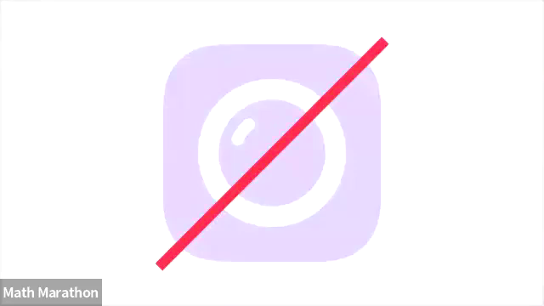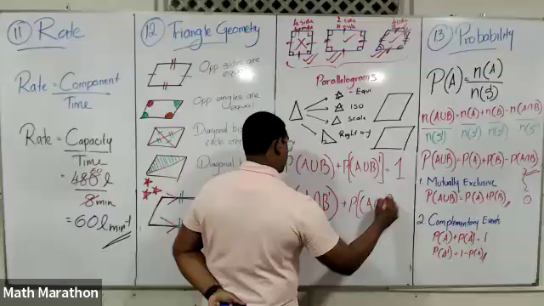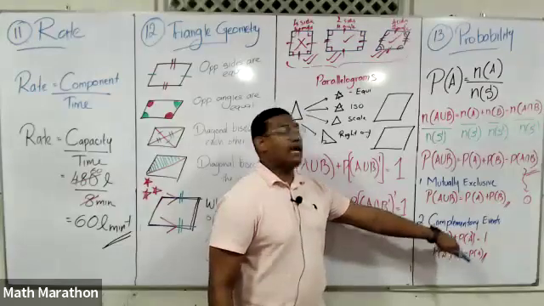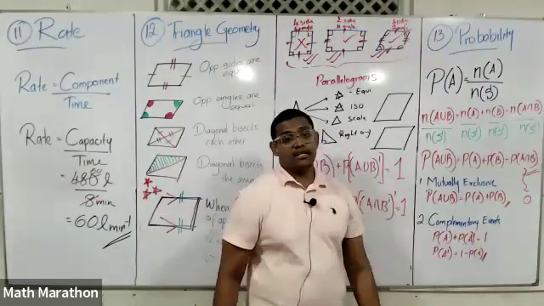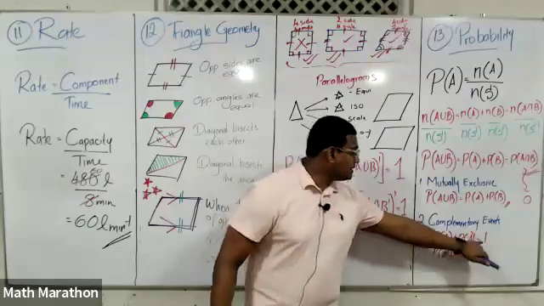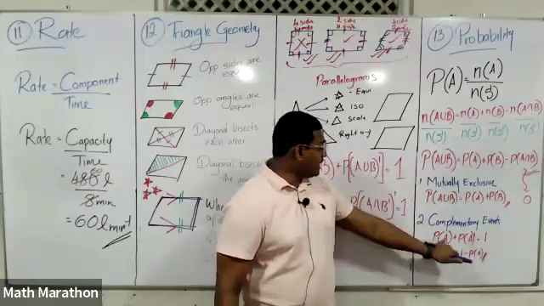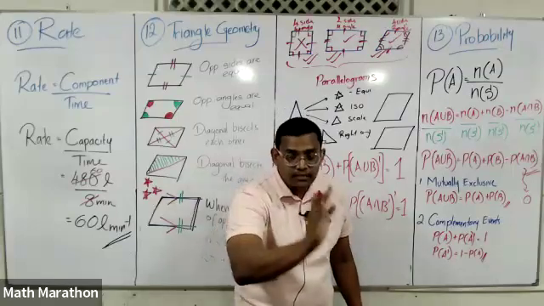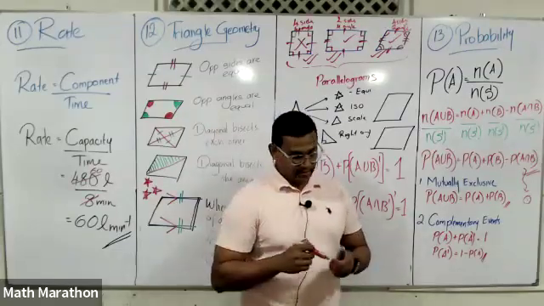That is also 1. So what does this mean? A set and the complement of the set, when you add both, that is 1. Any set and the complement of the set.